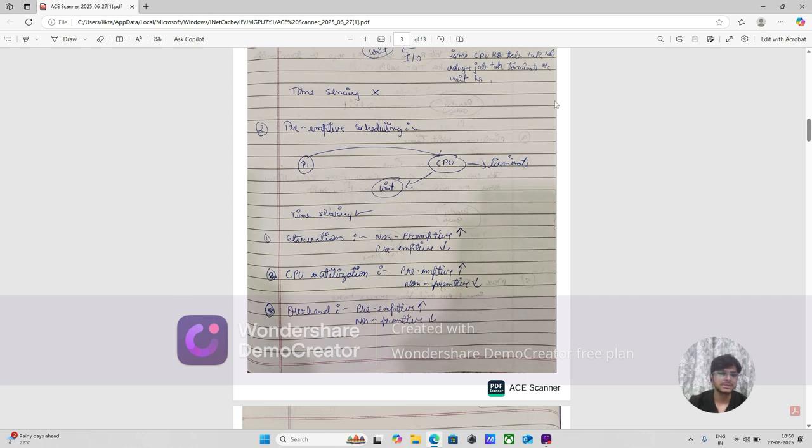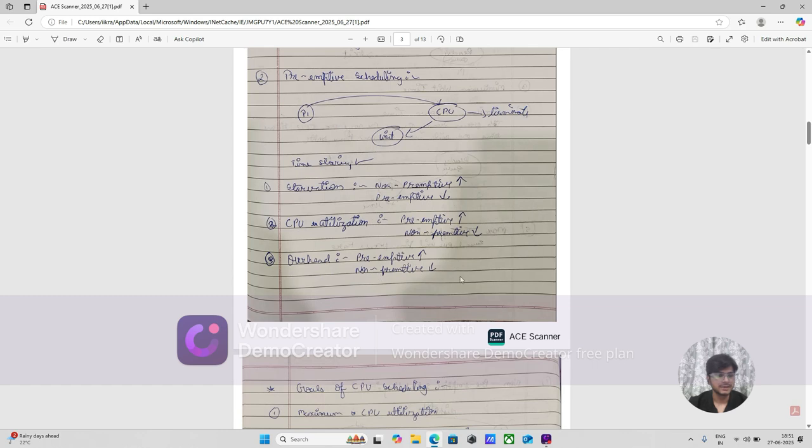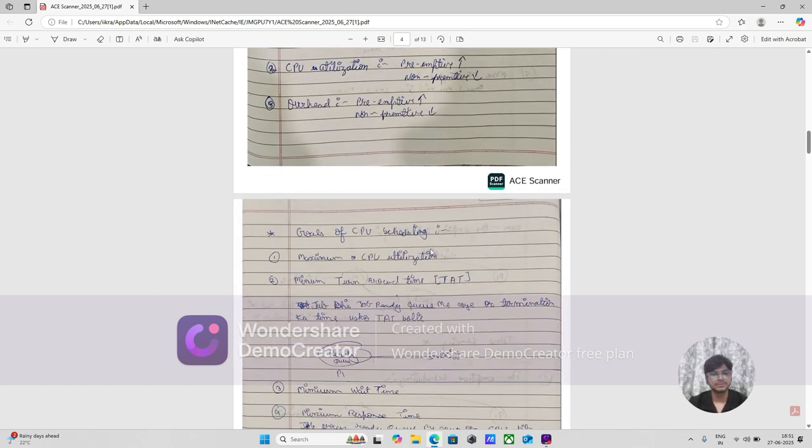Then P3 will be allocated. So in preemptive, overhead is more, and non-preemptive has low overhead. And now, what is the goal? If you are creating some operating system, what will be the goal of that CPU or operating system?